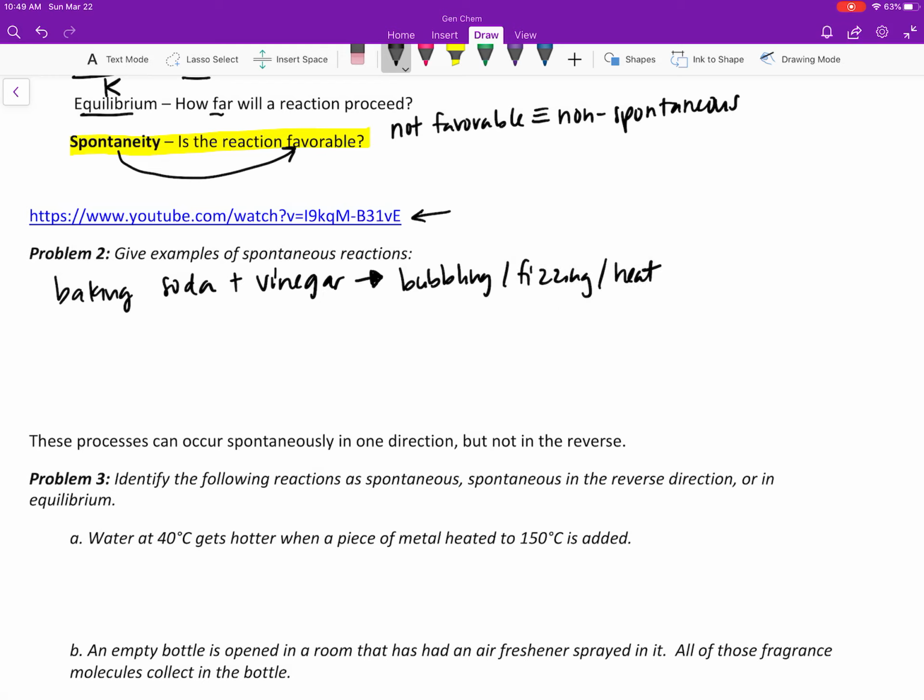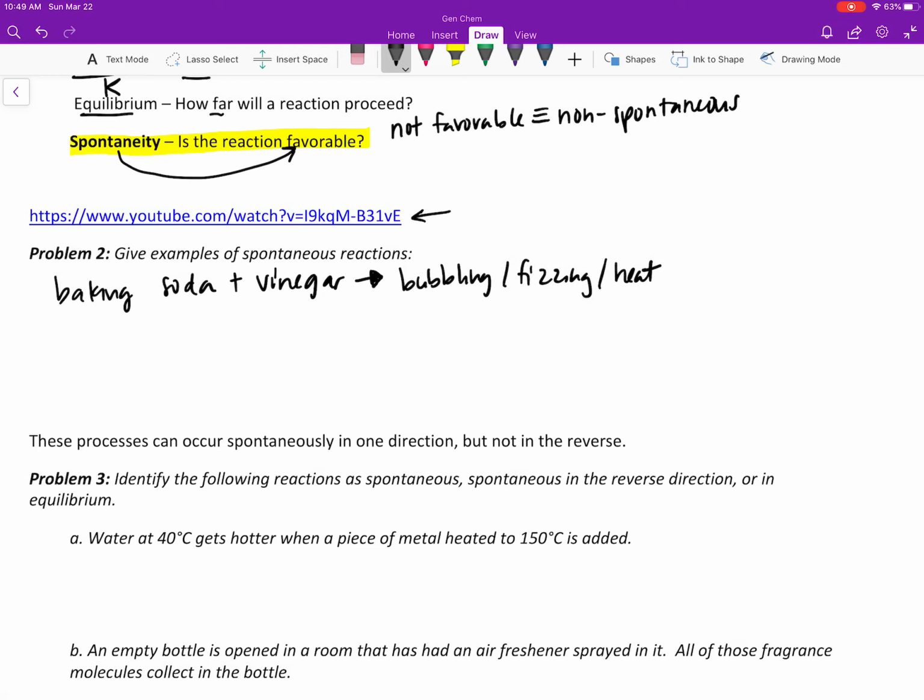Let's practice identifying spontaneous in which direction. Identify the following as spontaneous, spontaneous in the reverse, or in equilibrium. Water at 40 degrees Celsius gets hot when a piece of metal that's at 150 degrees Celsius is added.